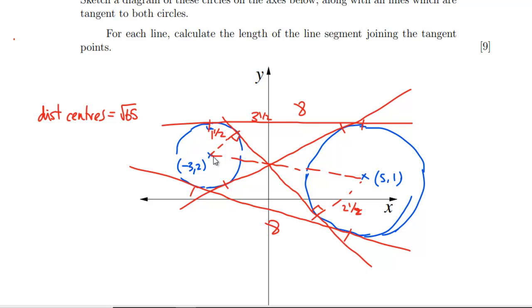And we know these triangles are in a ratio of 3 to 5 for the triangle. So that's this triangle here and this triangle here. So that means if we work out one of these sides, say that side there, then we multiply that by 8 over 5 and we've got the distance between the tangents, because that's the ratio that we've got there.